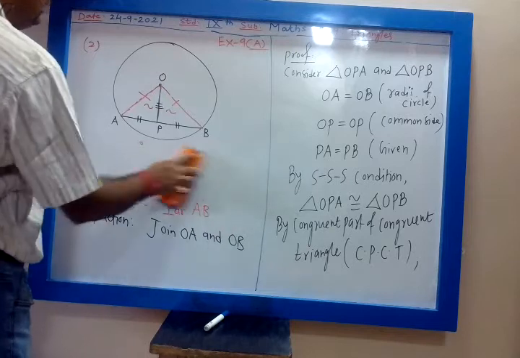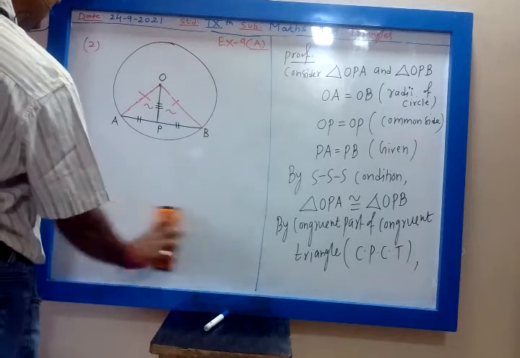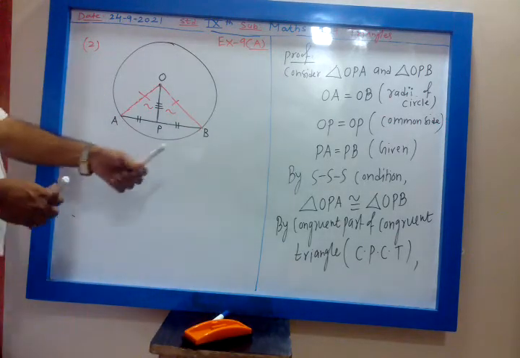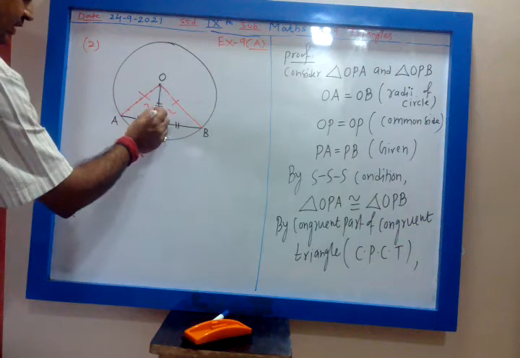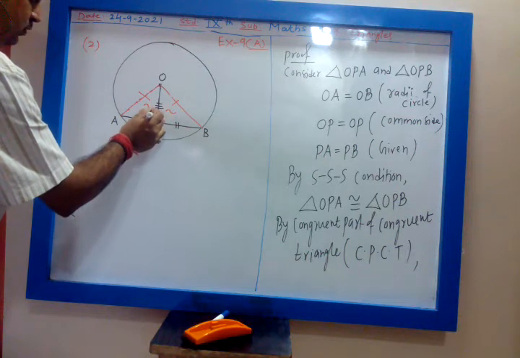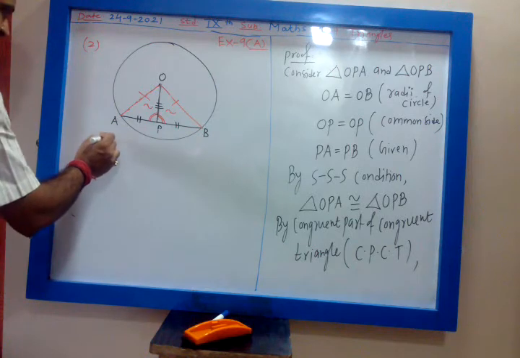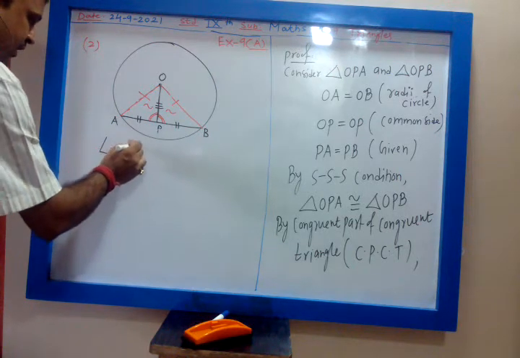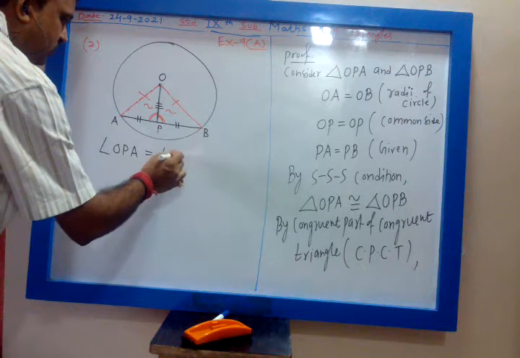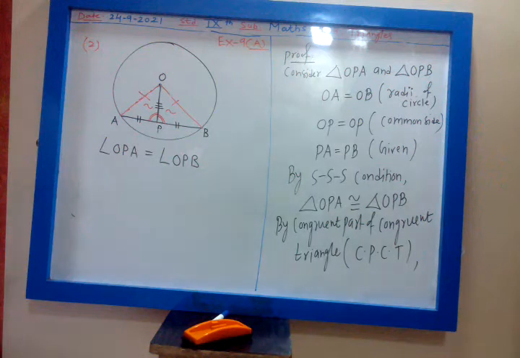So by CPCT, angle OPB will be the same as angle OPA. So by CPCT, angle OPA is equal to angle OPB. Okay. So these two angles are equal. What do you mean by that?